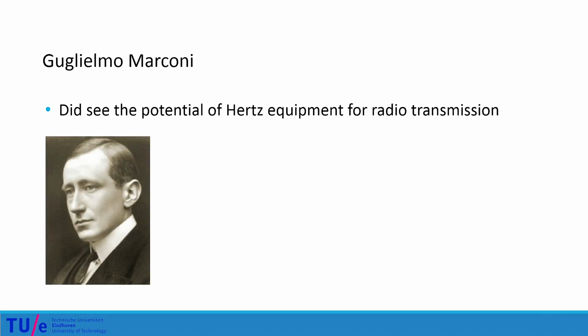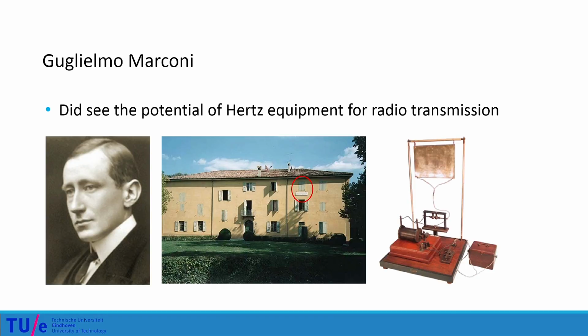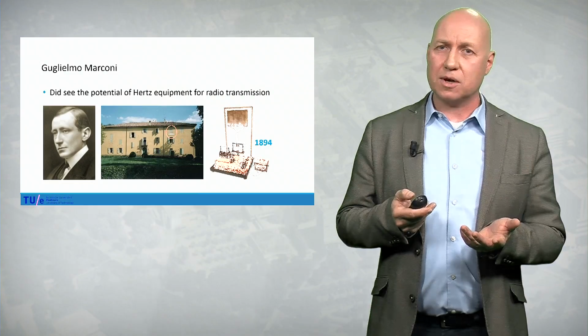He started conducting his experiments at his father's estate close to Bologna, and to be specific, he started in this room. This building is still part of the University of Bologna, housing the electromagnetics department, and inside the building they still have all the equipment of Marconi. And what is for me the most interesting part is this, which is the first transmitter Marconi used in 1894.